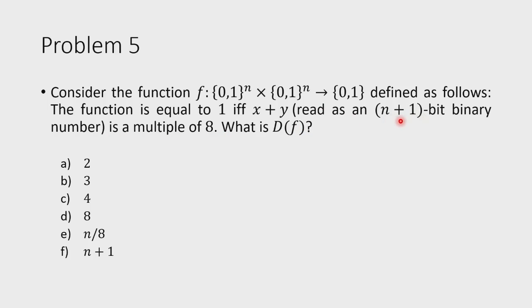It's an n plus 1 bit number because when you add two n bit numbers, you might get an n plus 1 bit number. So the options are 2, 3, 4, 8, n over 8, and n plus 1. Again, this needs to be worked out, but would you like to take a guess? Or if you can't figure out the exact value, at least say something like order log n.